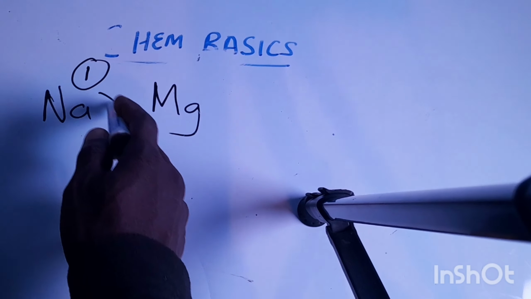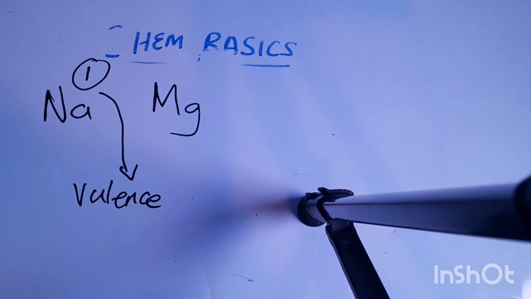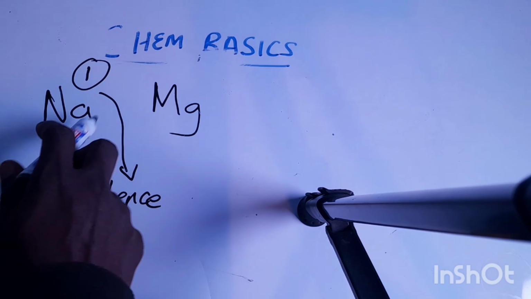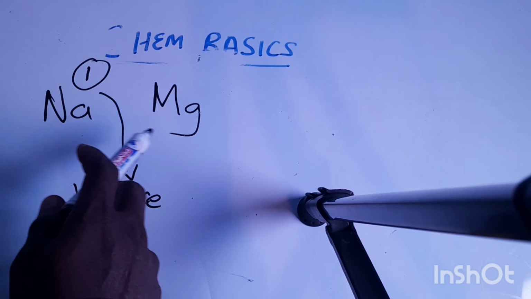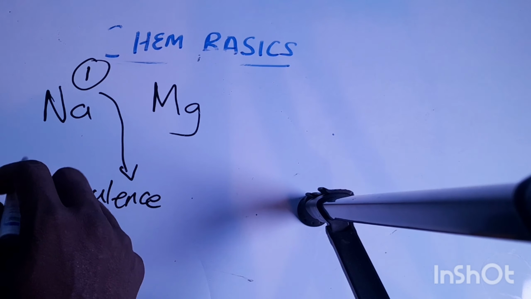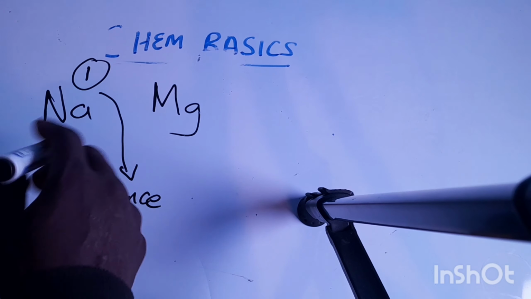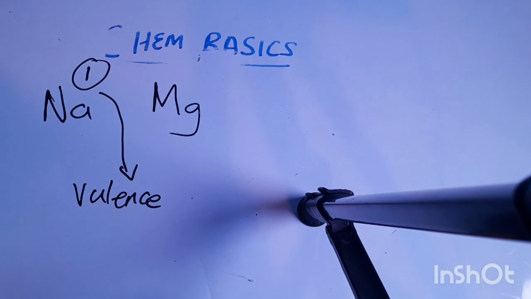With metals, mostly the electrons are loose and get taken by a non-metal.